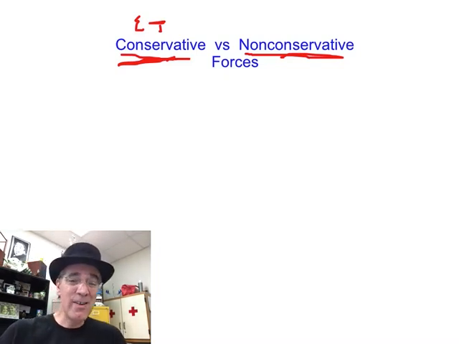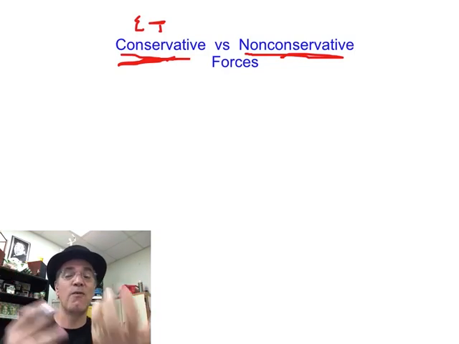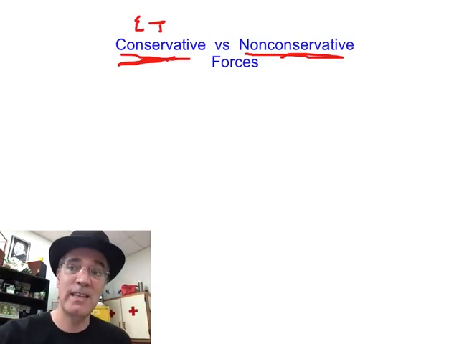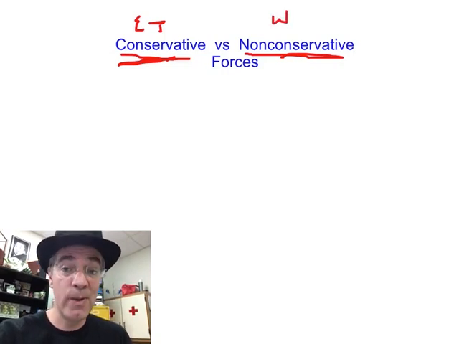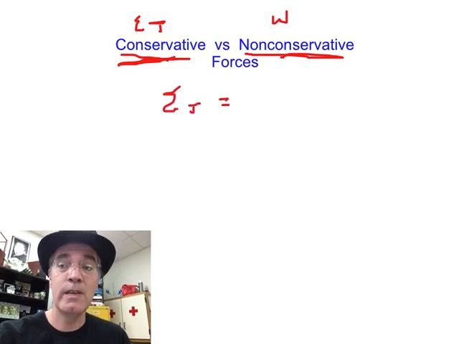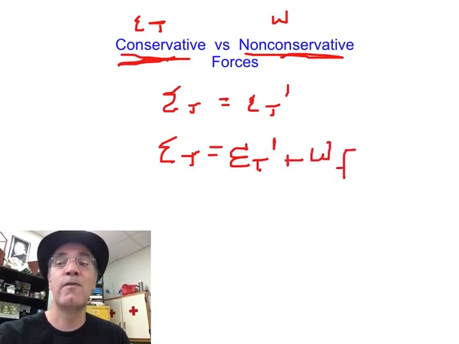But if we get energy that gets lost to non-conservative forces, we can't set it equal later on because it doesn't go away, it just goes into a form we can't get back to get into velocity. And what we do for those is we do work. And so our normal equation says that ET equals ET prime. But sometimes we have to say ET equals ET prime plus the work done, like to friction.